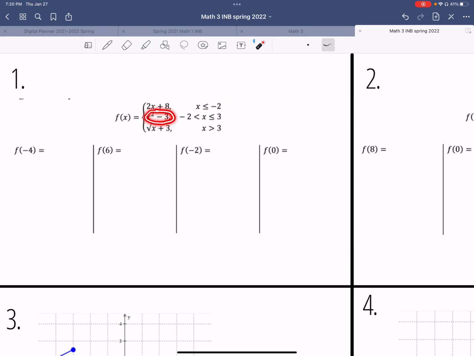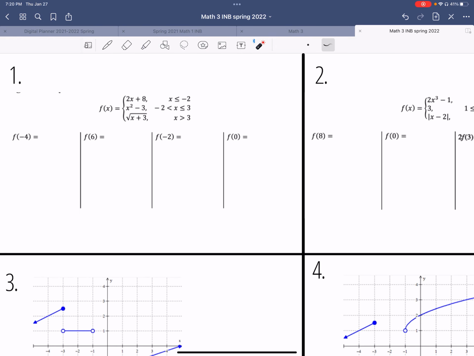For this function, it's when x is greater than -2, but less than or equal to 3. And for this function, it's when x is greater than 3. So again, if you want to look at it in Desmos, go look at it in Desmos. But what you're really doing is figuring out which domain the input fits into to figure out which function you're going to plug it into.